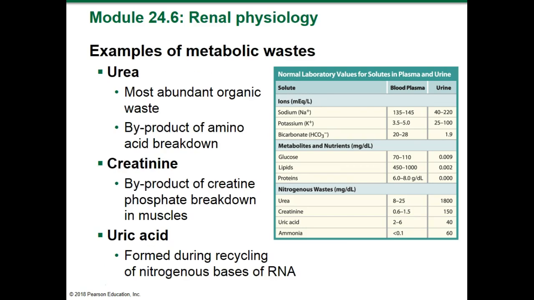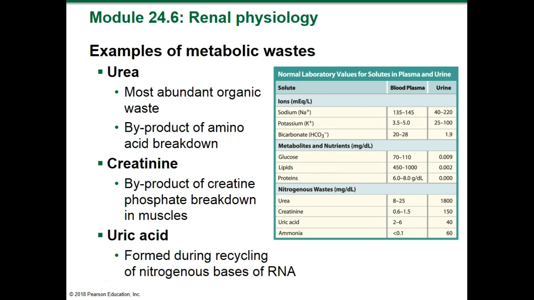Okay, urea, that's the most abundant organic waste you're going to see. It's a byproduct of amino acid breakdown. And remember, amino acids, we call them that because they have an NH group, and you remove that NH group, we do convert that to urea, which is less dangerous. If we held on to the ammonia, that could be a problem, right?